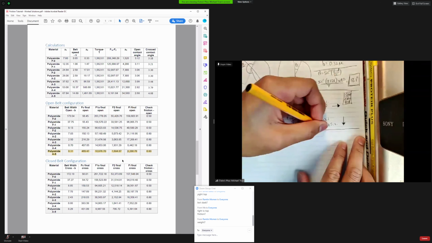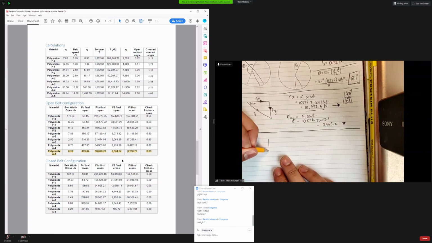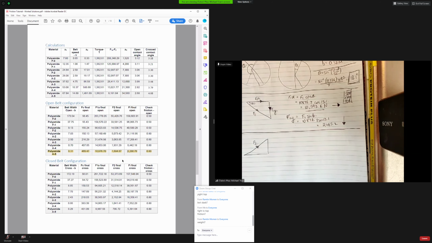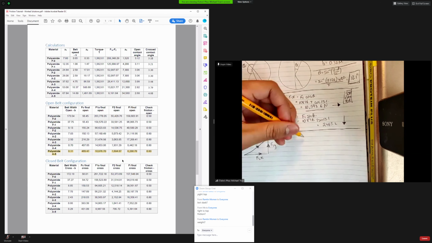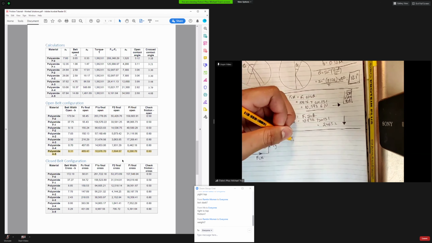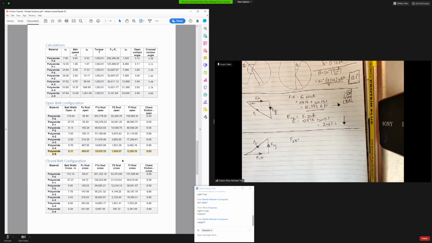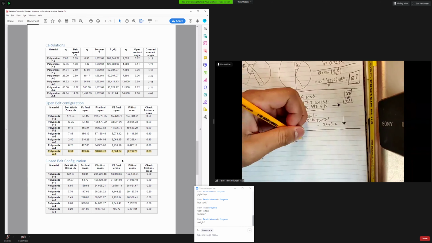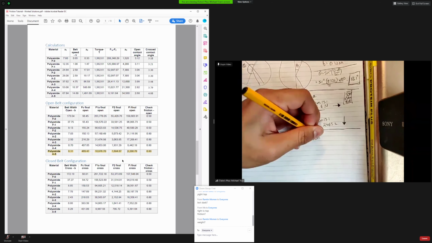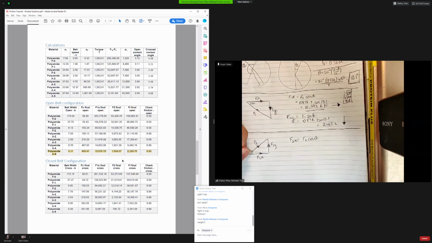Cool. Similarly with F2, F2y, F2x. I'll start off with x first. F2 cos theta, and those angles are going to be the same too.